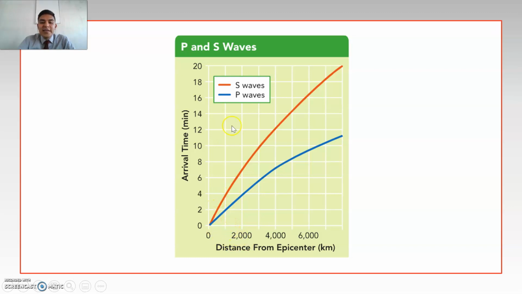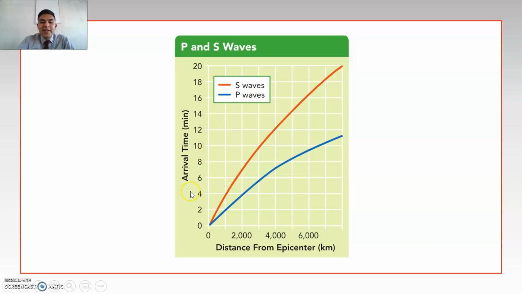But let's analyze the S waves. So what happens with the S waves? In this case, after 4 minutes, they have traveled 1,000 kilometers. All right. And of course, we can continue a little bit more. Like what happens at the 8 minutes? So at 8 minutes, how much have the S waves traveled?